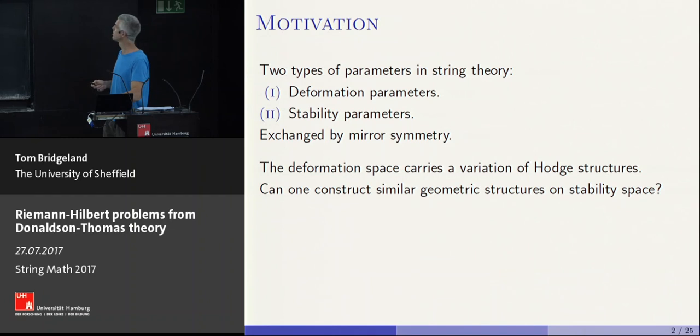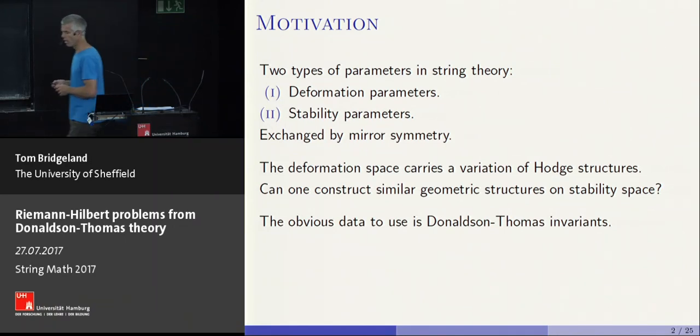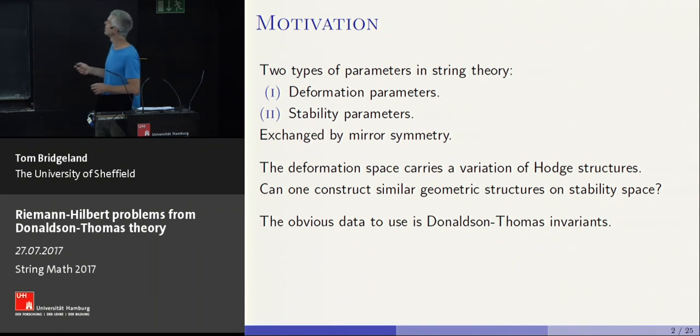So we're looking for interesting geometric structures on these spaces. And the obvious data to use to try and get at these is Donaldson-Thomas invariants, because if you give me a category with a stability condition, the one thing I'm supposed to be able to compute is DT invariants.